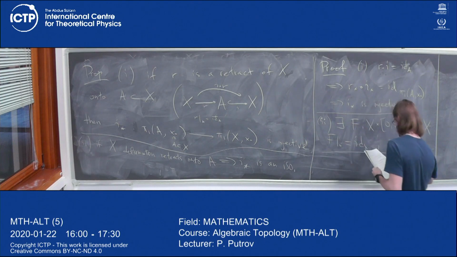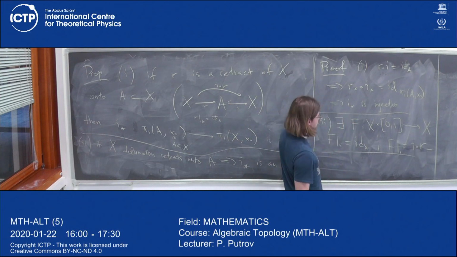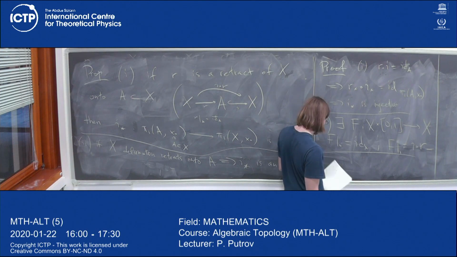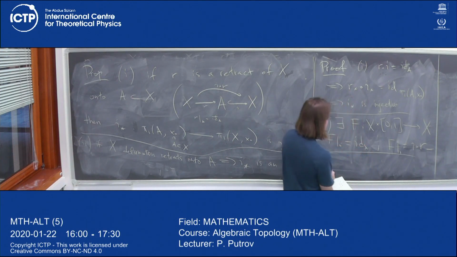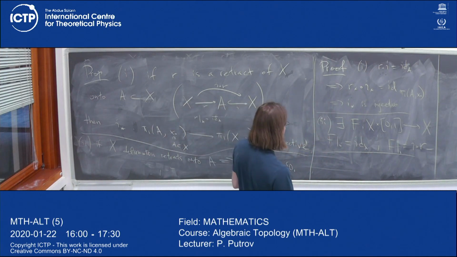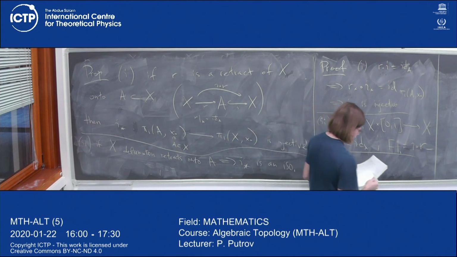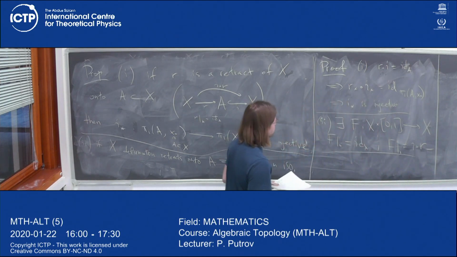Okay, now we already showed that I star is injective, so it's enough to show that it's surjective. In particular, we need just to show that any loop inside A can be represented as an image of I star.